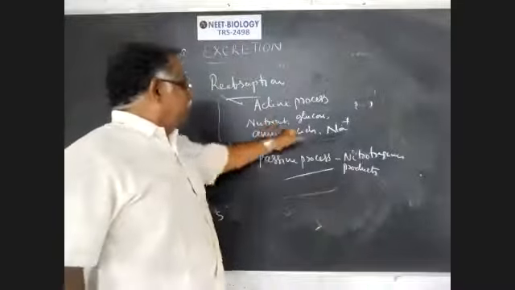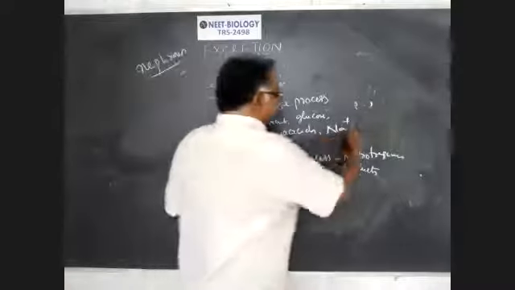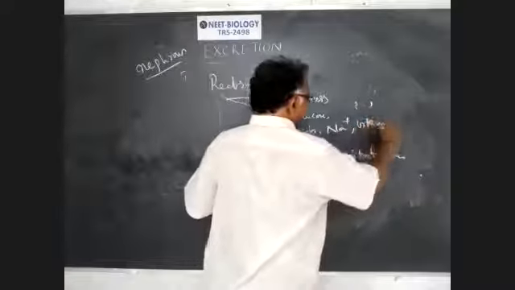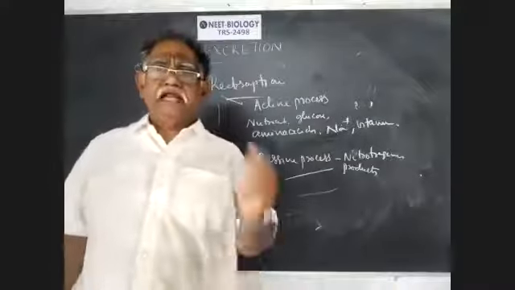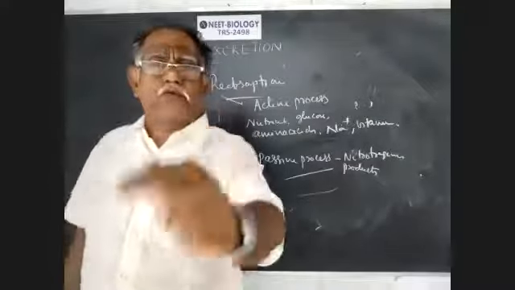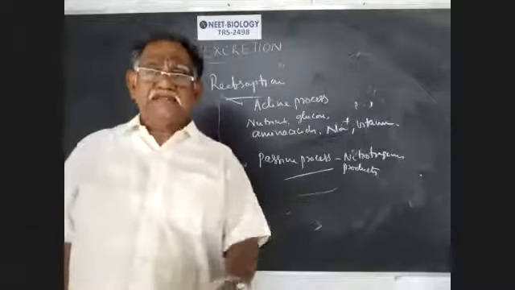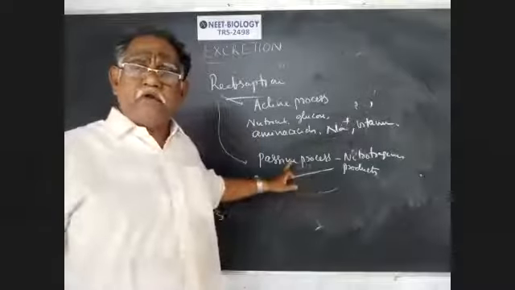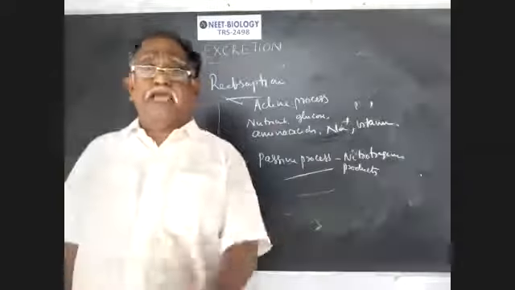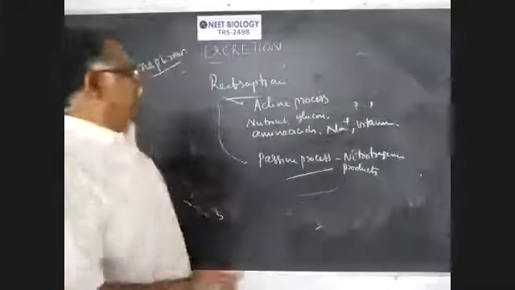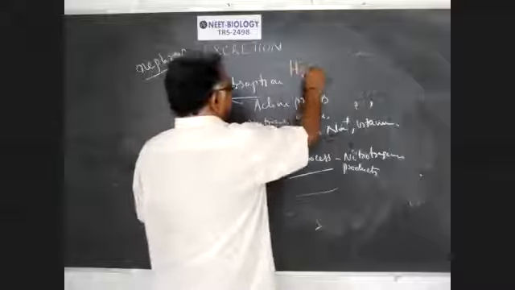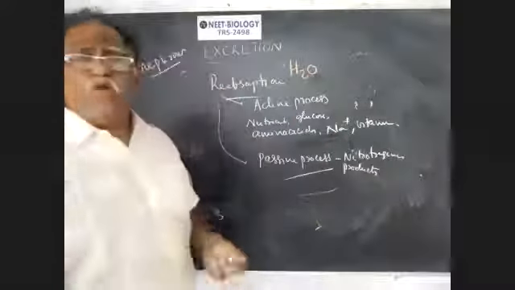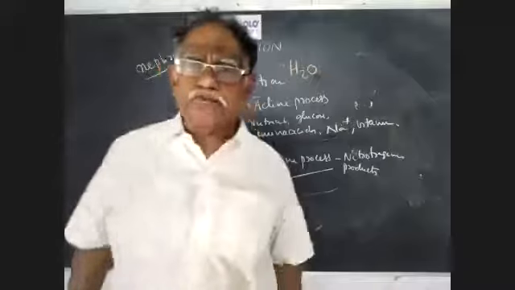Nutrients, glucose, amino acids, vitamins, sodium, they are reabsorbed by the renal tubule by active process. Whereas nitrogenous waste products are reabsorbed by passive process. You see, water, important. Most of the water in the glomerular filtrate is also reabsorbed.